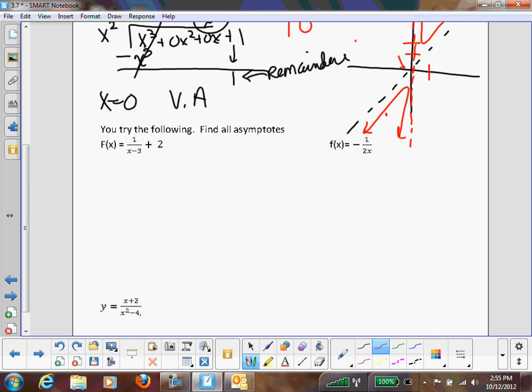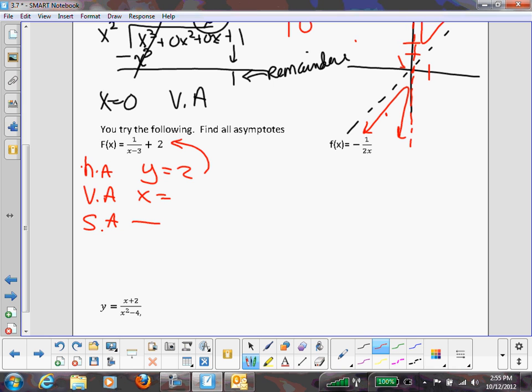Okay, try the following. Find all the asymptotes. What is my horizontal? Because we're going to look right here. Do I have a vertical or a slant? Because I have a horizontal, I won't have a slant. What's my vertical? X equals 3. Okay. What about this one? What's my vertical?